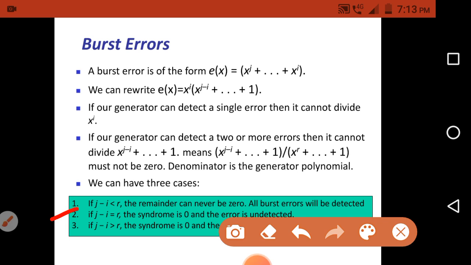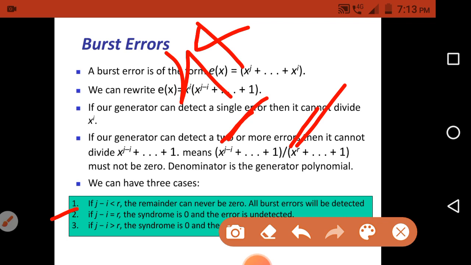And the second one is j minus 1 equal to r. If the degree of numerator and the degree of denominator are both equal, then the remainder can be 0, and then the burst error is undetected.